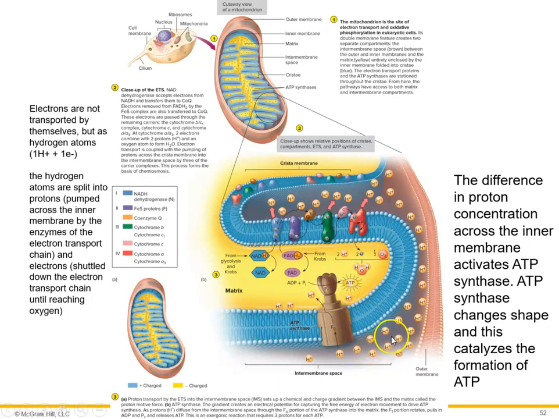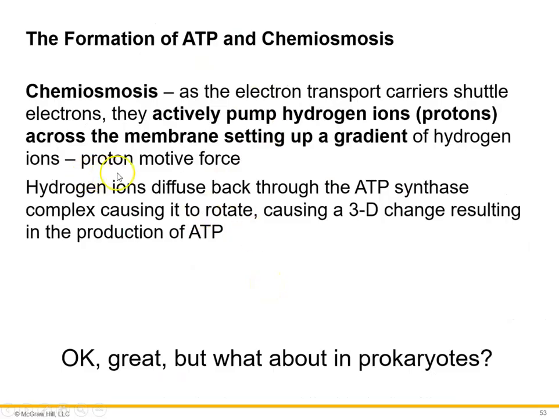Both those things drive the protons across ATP synthase into the matrix, and that's known as the proton motive force. Now, when those hydrogen ions or protons diffuse back, they go through the ATP synthase, and this actually causes the molecule to rotate, resulting in a 3D change of shape, and that 3D change of shape is what catalyzes the production of ATP.